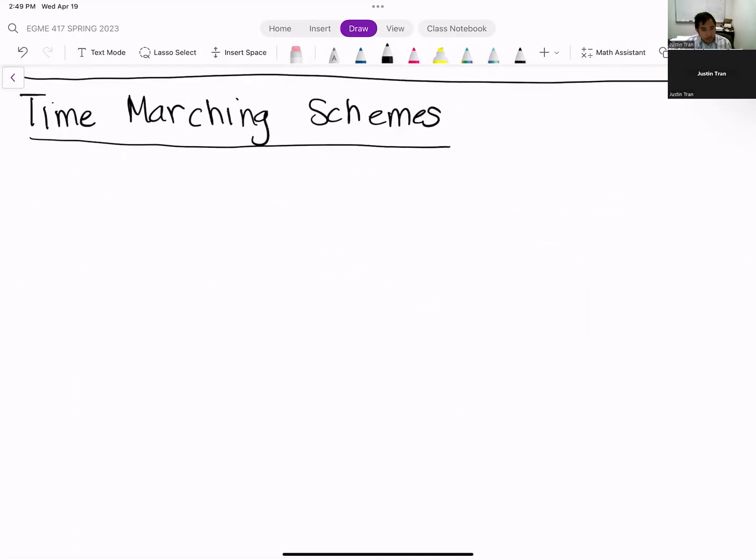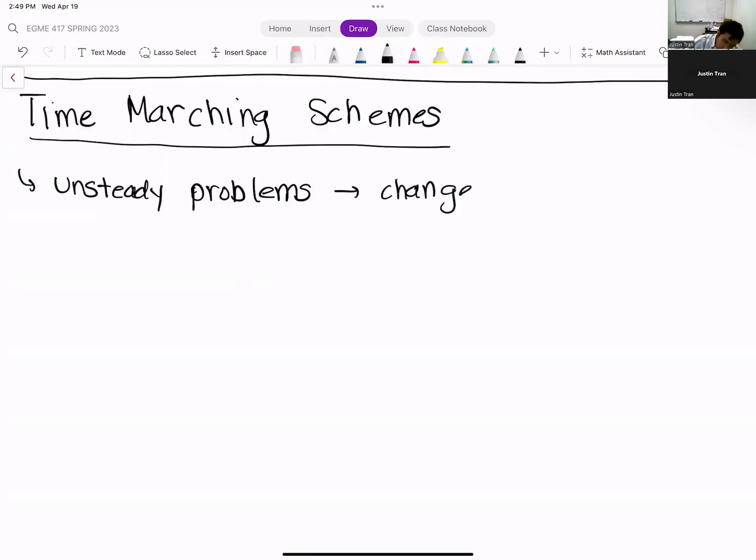Okay, so time marching schemes have to do with problems that are naturally unsteady. What unsteady problems mean is that these are problems that change with time. So how do we know things are going to change with time?